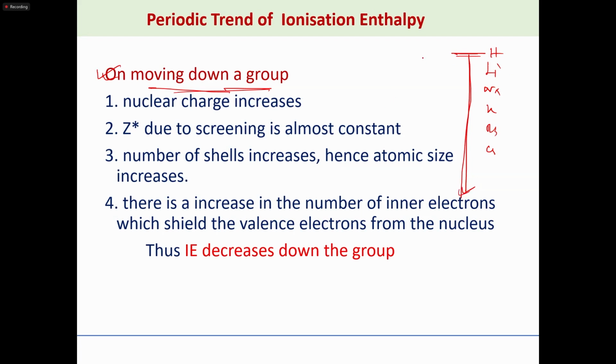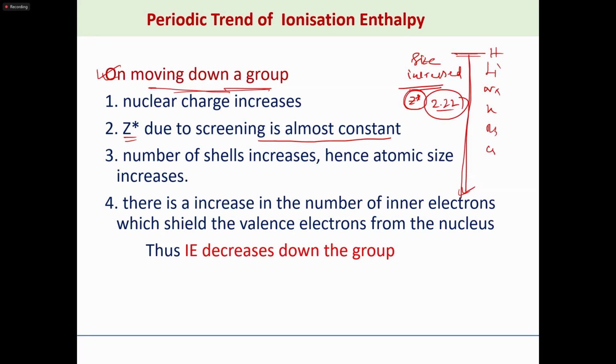The size is increased. When the size is increased, what is happening to the effective nuclear charge? The Z star value is almost constant, around 2.2.